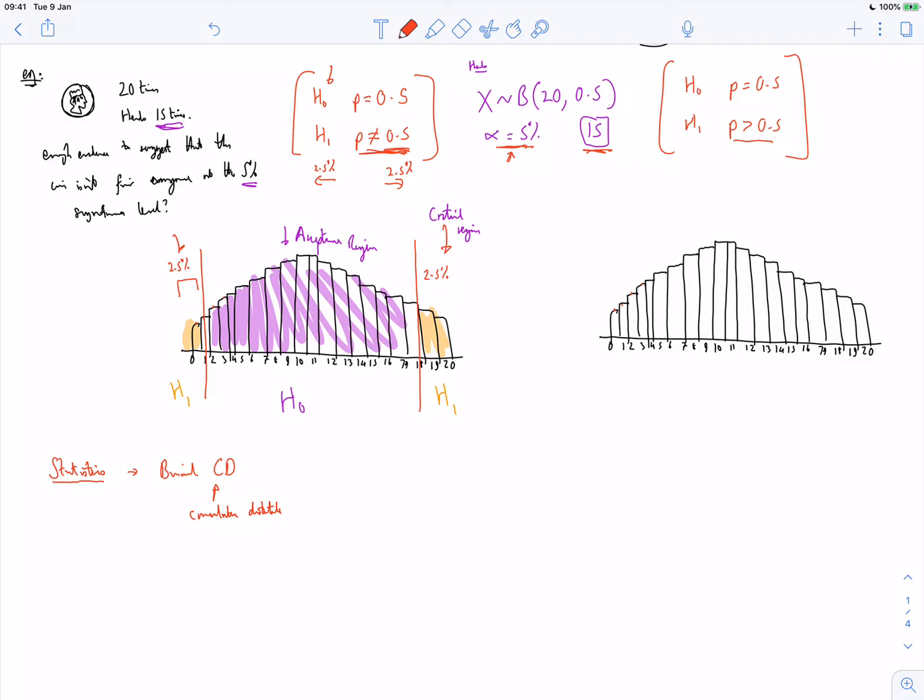And what is beneficial with the CG50 calculator is you've actually got something called the INV B, the inverse binomial, which is incredibly useful here. So if I use that inverse binomial, I can set the area to find the bottom area. I set it equal to 0.025, which is 2.5%.